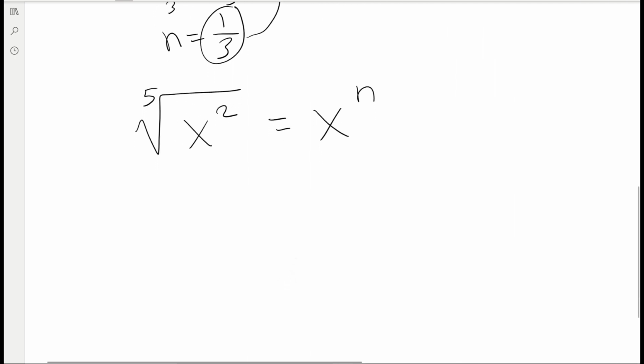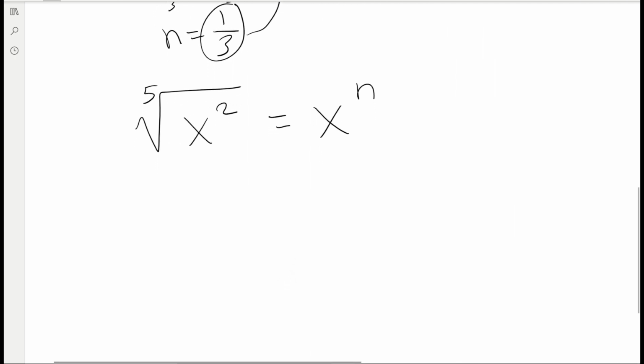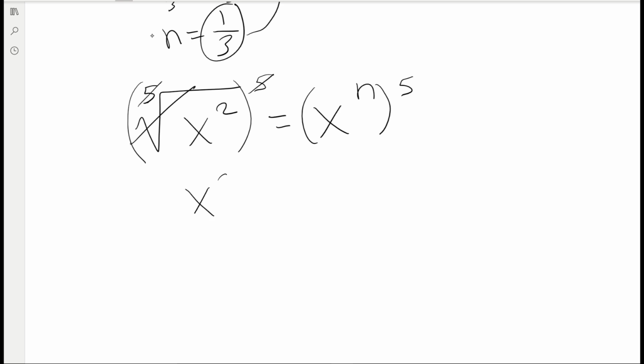Well, let's go ahead and solve this out. We got a 5 here, so we know that we can get rid of that by raising it to the 5th power. So now 5 and 5 match, so they can cancel. So now we are left with x squared equals x to the 5n. We can multiply these two exponents together.